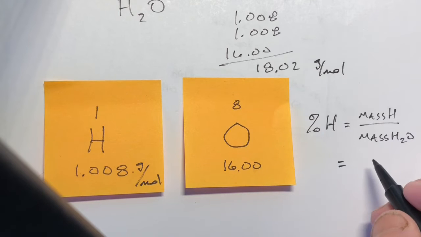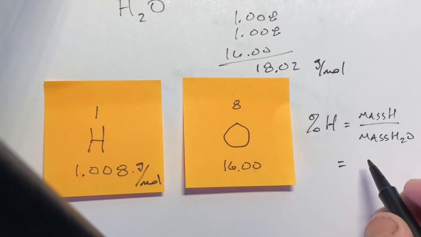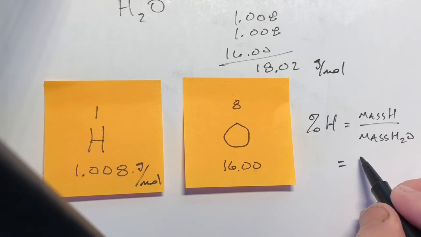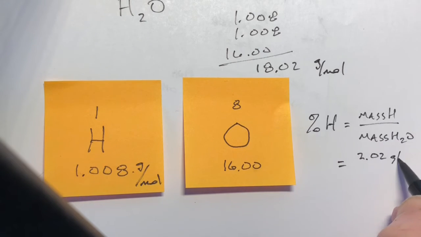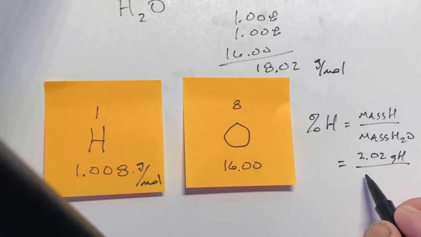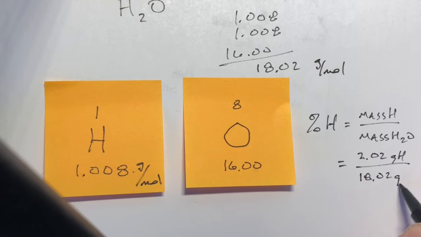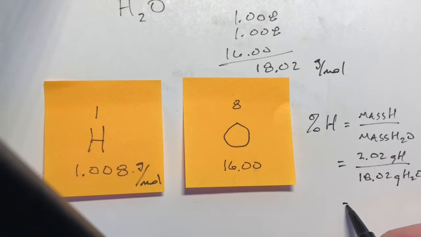So I'm just going to use the grams per mole data, and say there's 2.02 grams of hydrogen for every 18.02 grams of H2O. And this works out to be 11.2%. So water is 11.2% hydrogen by mass.